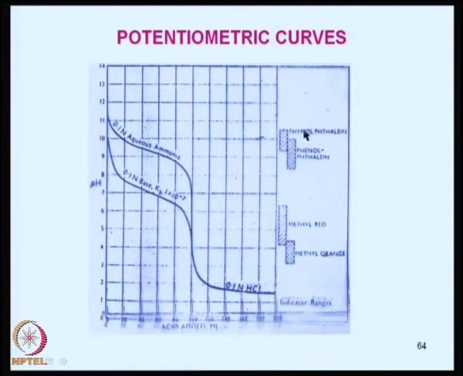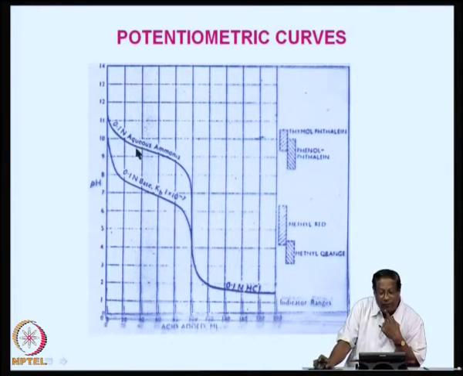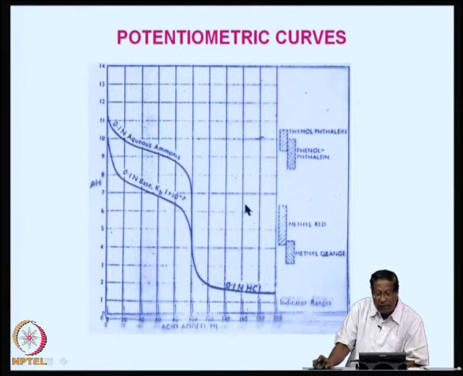So, I can have an indicator which can change color in this region as well as in this region. If I have only one end point, strong acid and strong base, I will have a very sharp, single end point. With dibasic, I will get two inflection points. Tribasic, I get 3 inflection points.